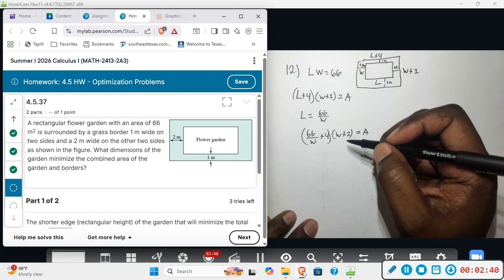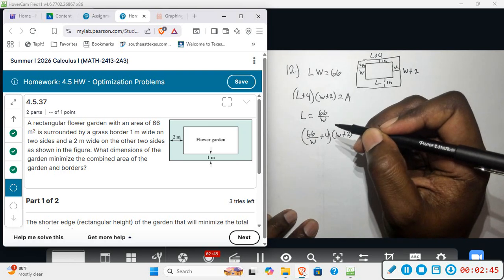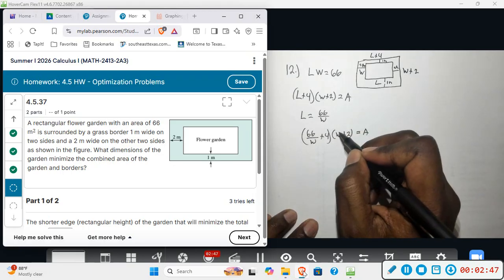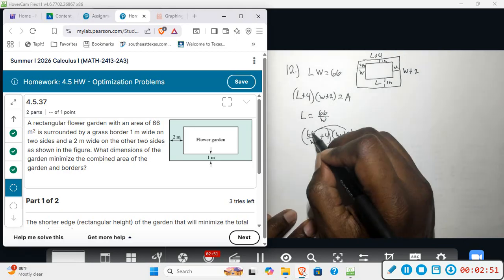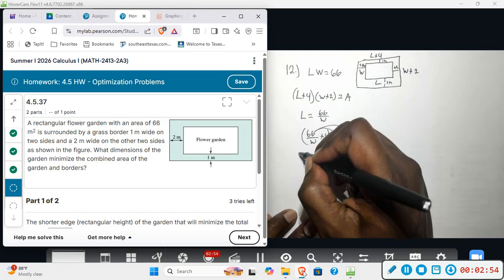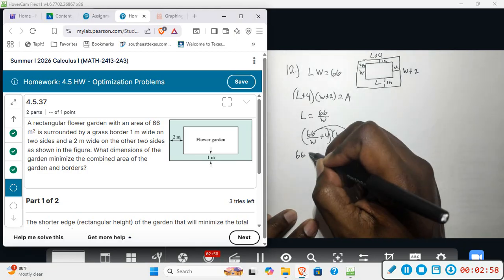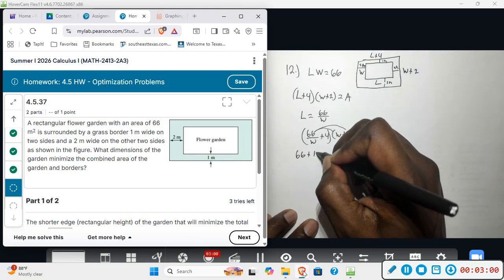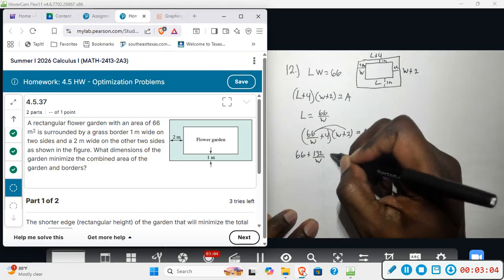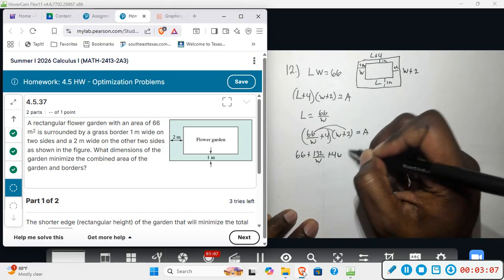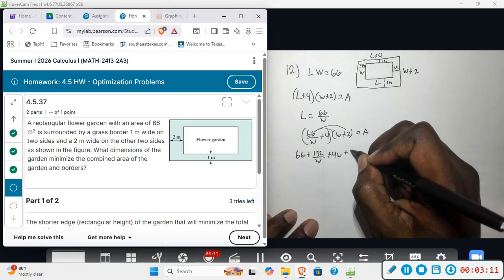We can FOIL this out. Both times W, so times W will just give me 66. Times 2 will give me 132 over W. 4 times W, 4W. 4 times 2 gives me 8.